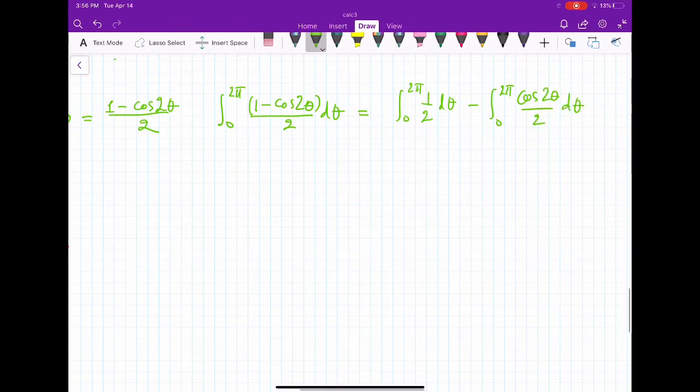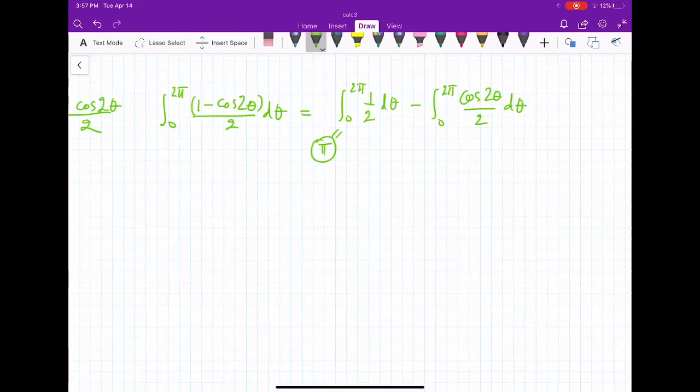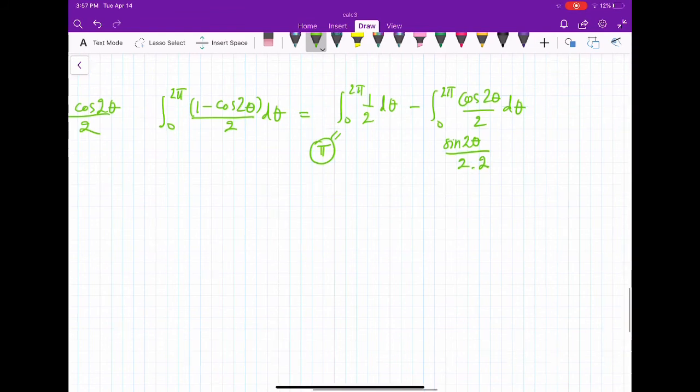The first integral is equal to pi. It's easy to see. The second one is sine 2 theta over 2 times 2, because the antiderivative of cosine 2 theta is sine 2 theta over 2, right? And divide by 2. This is evaluated from 0 to 2 pi. And when you plug 0 and 2 pi into this function, you get 0. So basically, this integral is just 0.